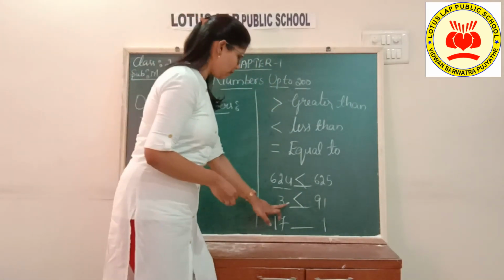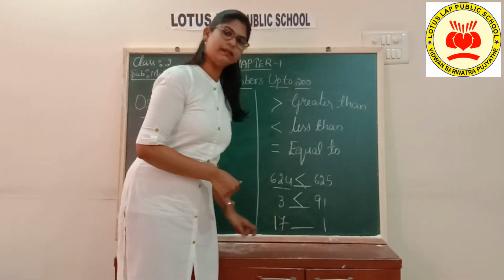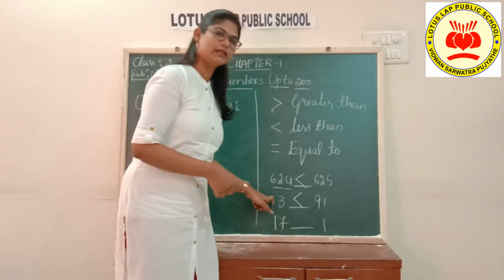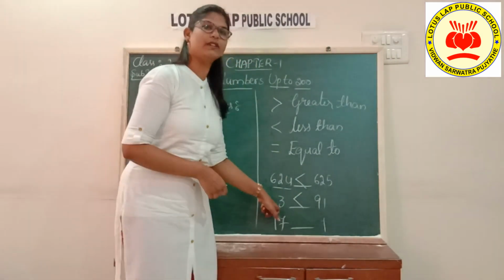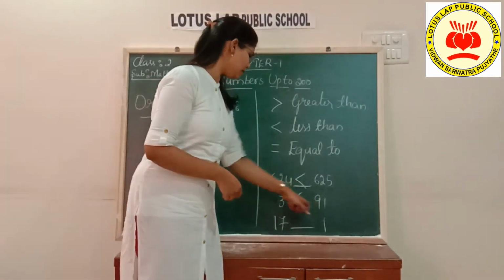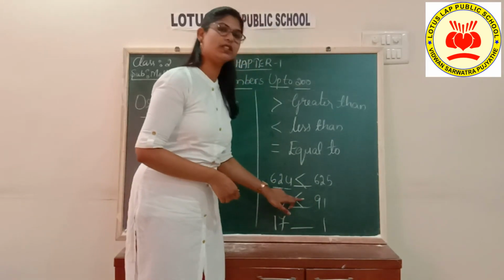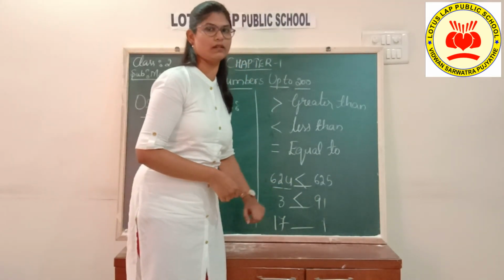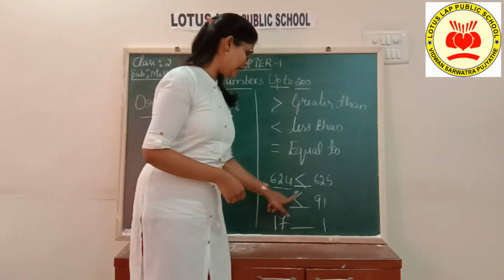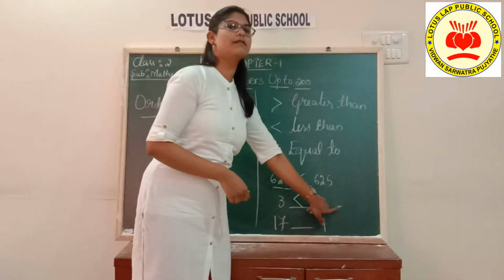Now what will be the statement? Yes, the first number is the smaller one, so the statement will become 3 is less than 91. You have to mention the symbol which you have taken here.